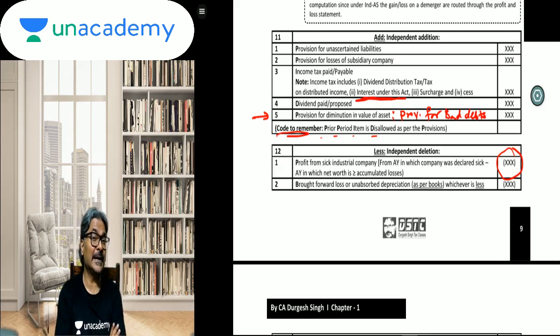So if that is the case, at least then we should be eligible for reducing these brought forward loss and the unabsorbed depreciations in computing our book profit, because that is what we do before we distribute the dividend.